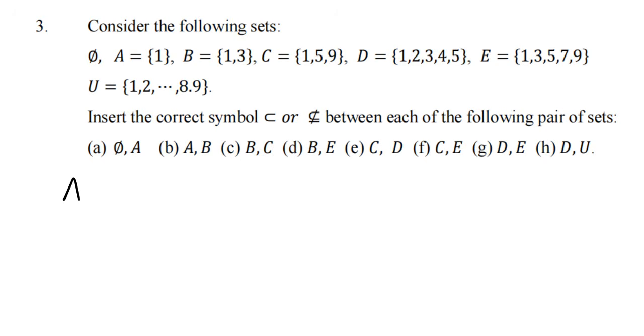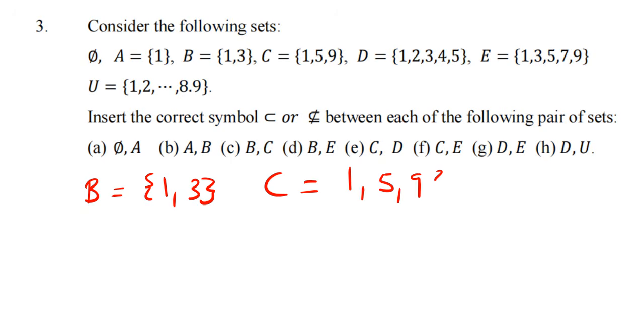We have B and C. So if we're going to look at B and C, B we've been given that it is 1 and 3. C we've been given that it is 1, 5, and you have a 9 there. So how do we solve this one? We have 1 there, we also have 1 there.